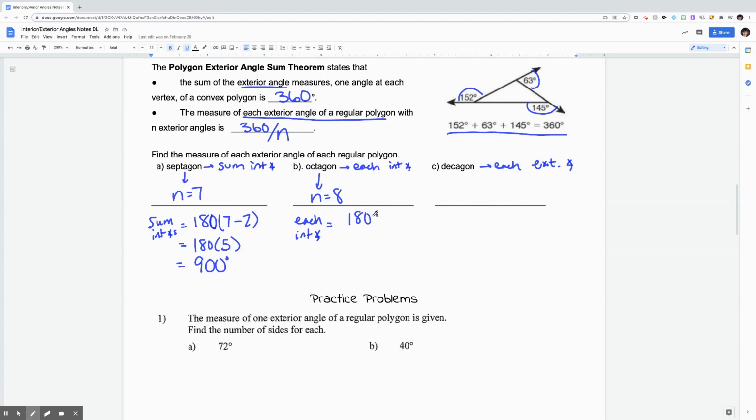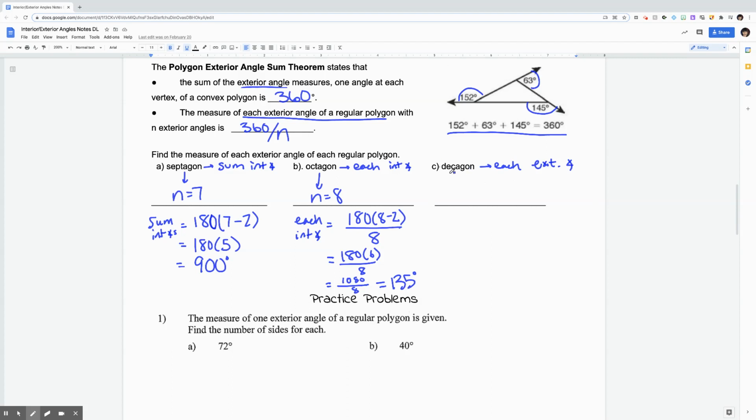So 180 times 8 minus 2, divided by 8. Okay, so this is 180 times 6 divided by 8. 180 times 6 is 1080, and I'm going to divide that by 8, and that equals 135 degrees. So that would be my final answer for that one.